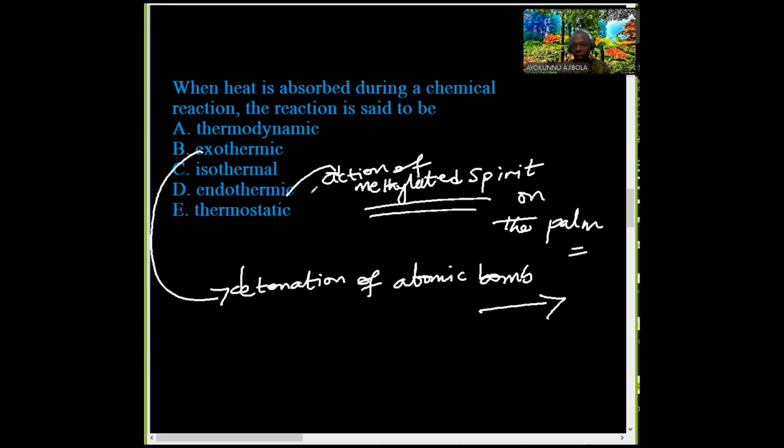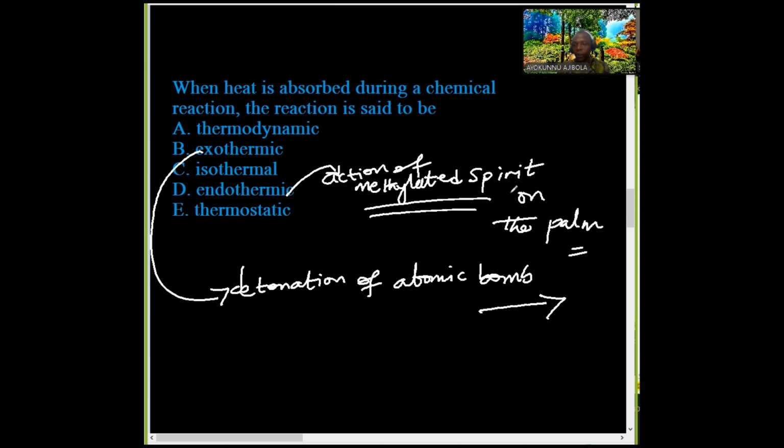What is an example of an endothermic reaction? We said the action of methylated spirit on the palm, because it makes you feel cold and takes heat from your hand, and it evaporates.